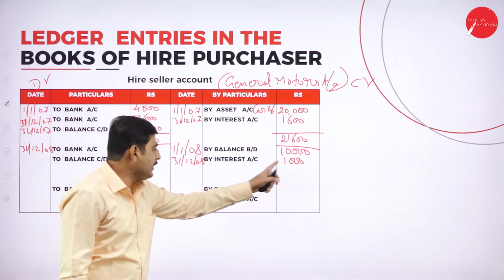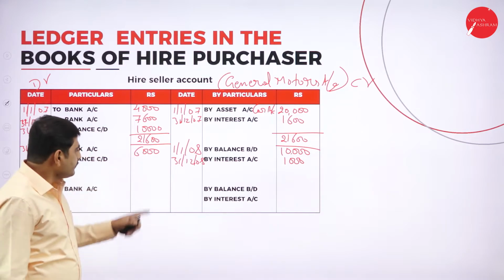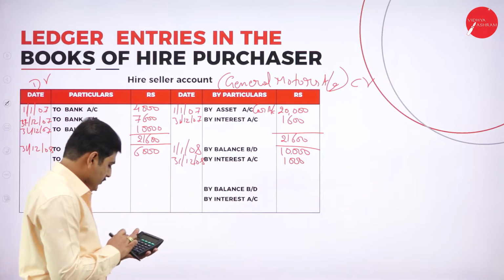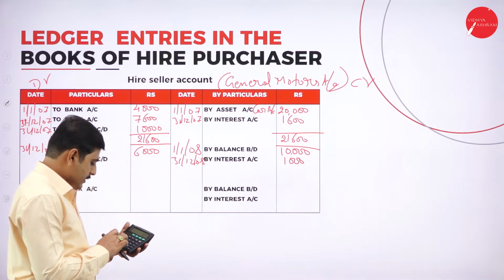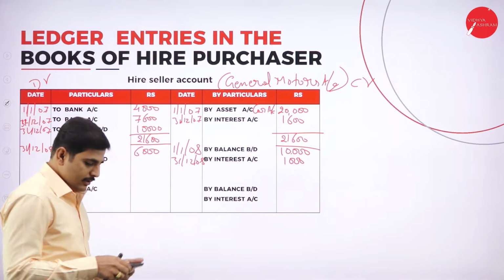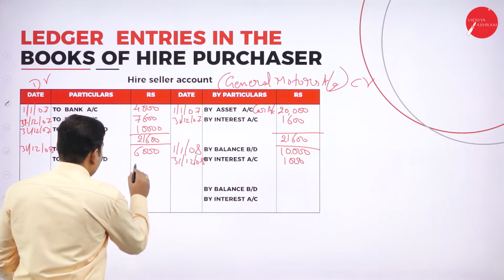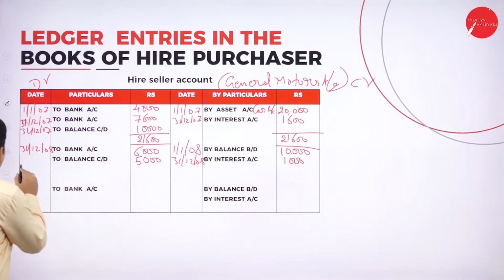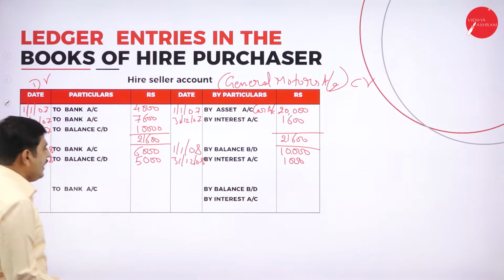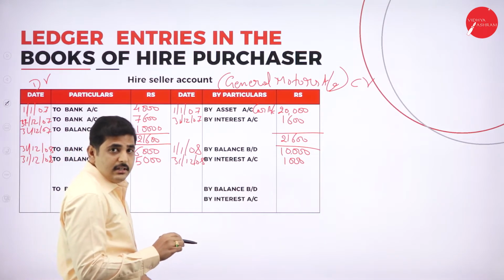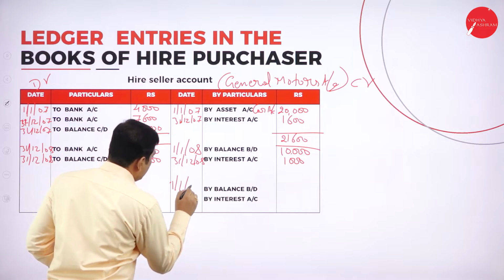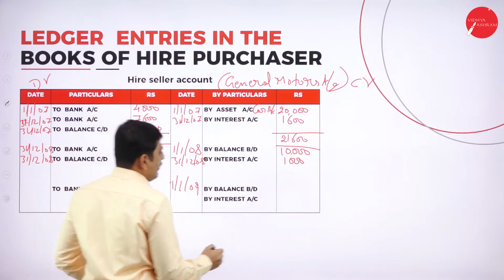Out of 11,000, if you deduct 6,000, what is the balance? 11,000 minus 6,000, so 5,000 is the balance to be carried down. On 31/12/2008 the balance will be carried down, and on the first day of the next year, 1/1/2009, the balance should be brought down here.